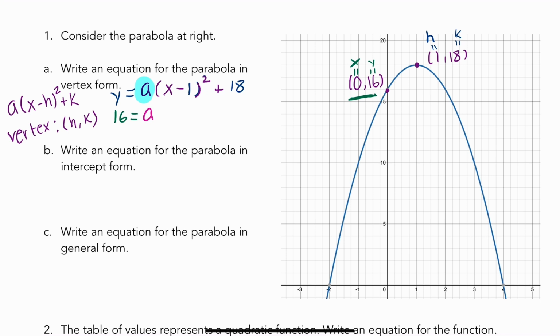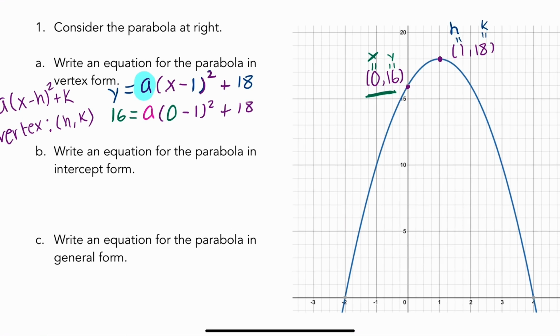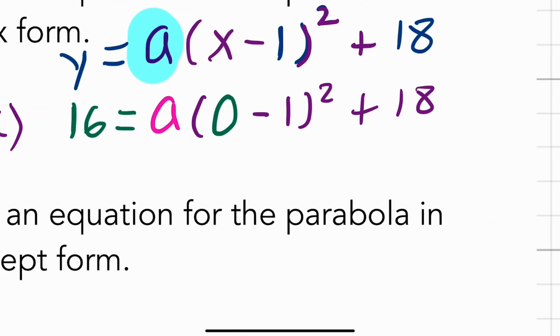So y, which is 16, equals a, the value I'm finding, times x, which I'm setting equal to 0, minus 1, squared, plus 18. With this, I have enough information to figure out my value of a.